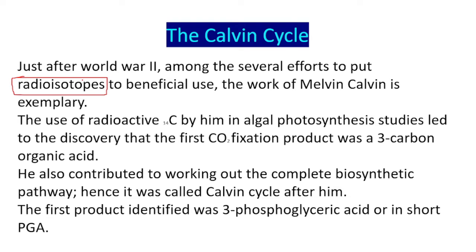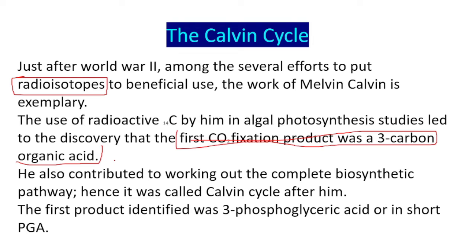So use of radioactive carbon-14 on algal photosynthesis. Chlorella was the subject of study, and these studies led to the discovery that the first carbon dioxide fixation product was a 3 carbon organic acid. What this 3 carbon organic acid was, we will study later.